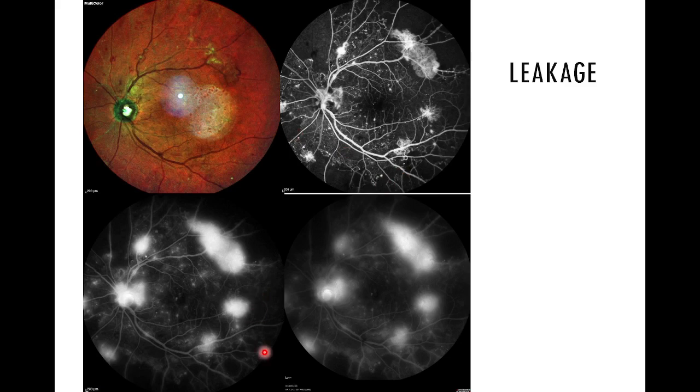All these are suggestive of new vessels, that is neovascularization of the disc and neovascularization elsewhere. So this is the defect in the inner blood retinal barrier, which is suggestive of new vessels. Okay, so this is a case of proliferative diabetic retinopathy with neovascularization of the disc and elsewhere.